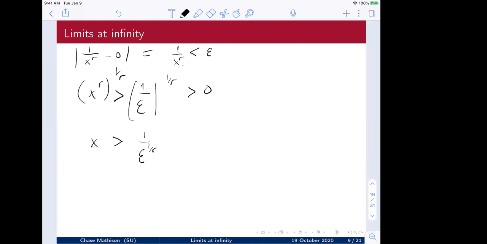We want x greater than m, actually. So I need to find this m. I need to find m so that x bigger than m implies 1 over x to the r is less than epsilon. So why did I do all this work over here?